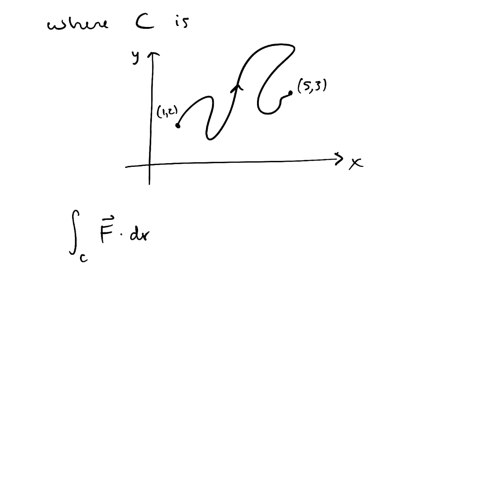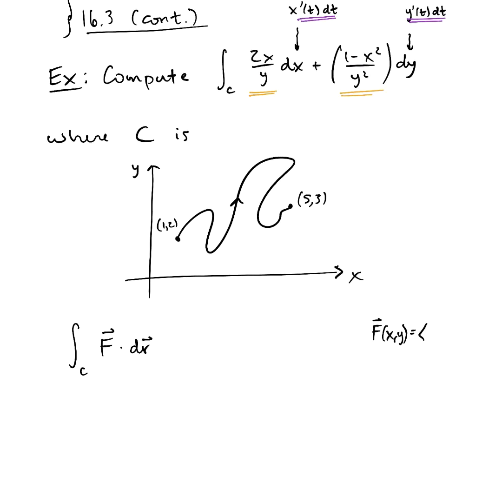F dot dr, where r represents whatever parametrization of that curve, and F is a 2D vector field, which is, what was it? It was 2x over y, first entry, 1 minus x squared over y squared, second entry.